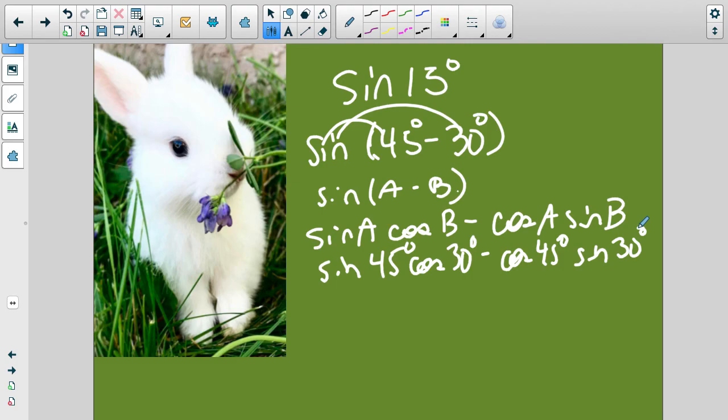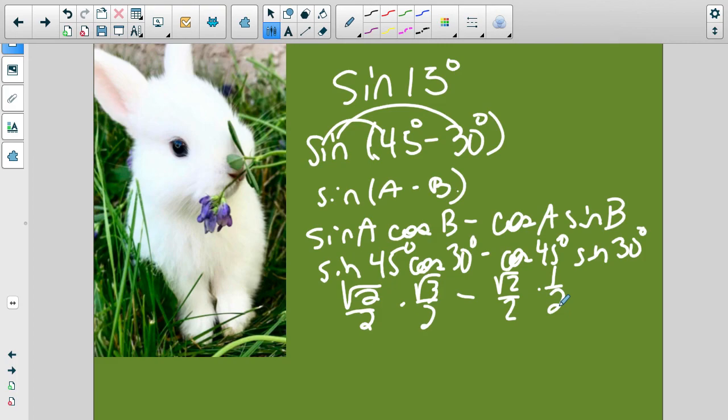Now the sine of 45 is root 2 over 2. The cosine of 30 is root 3 over 2, all from your charts. The cosine of 45 is root 2 over 2. The sine of 30 is 1/2. I find that my pre-cal students, and honors pre-cal for that matter, are not super good at multiplying fractions anymore, because you haven't had to do it in a long time.